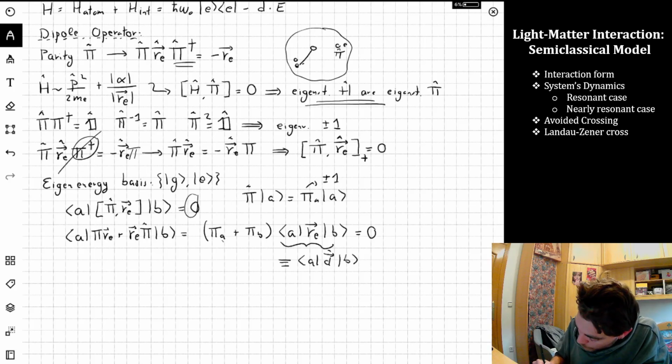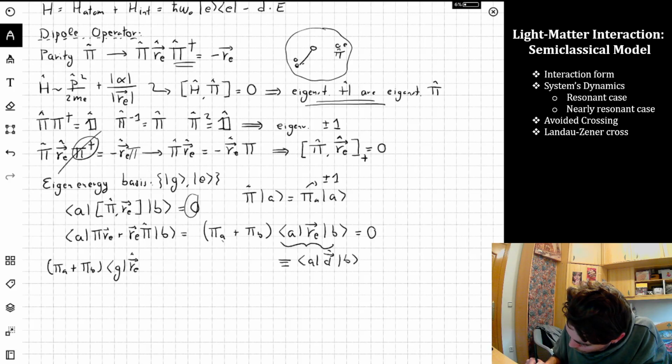And so what happens if, for example, I replace A and B by the ground state? Then I would have the relationship that pi A plus pi B, and now is ground state, RE. But remember this is going to be just the dipole operator. This should be equal to 0, but this cannot be 0 because now pi A is pi ground state and pi B is pi ground state.